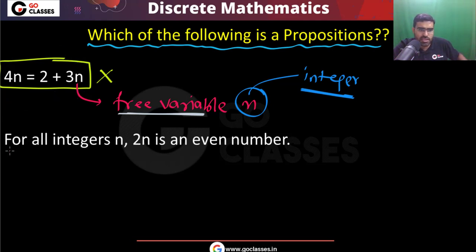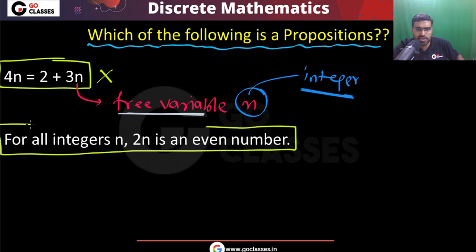Now what about this sentence? Forget about proposition, forget about today's lecture. Go back to your 10th class, 11th class, and just use your common sense. If you see this statement in your 9th, 10th or 11th class, will you say this is true or false?